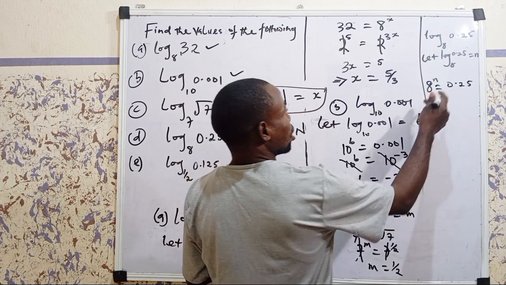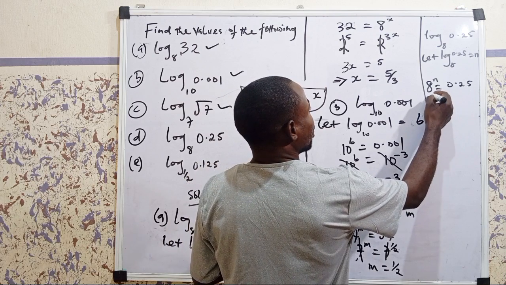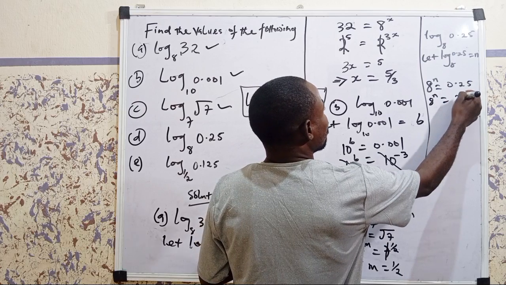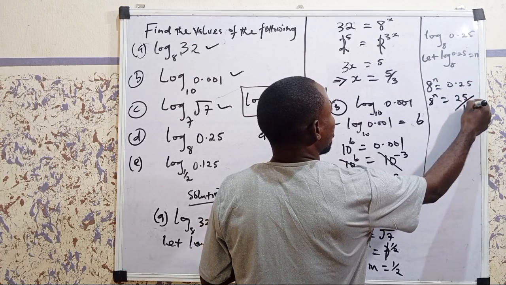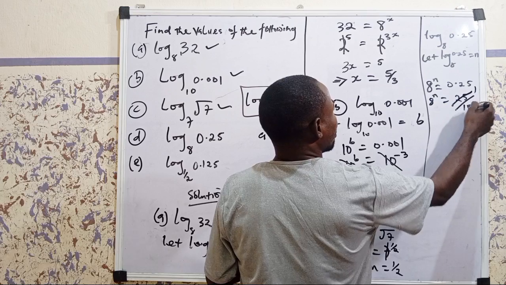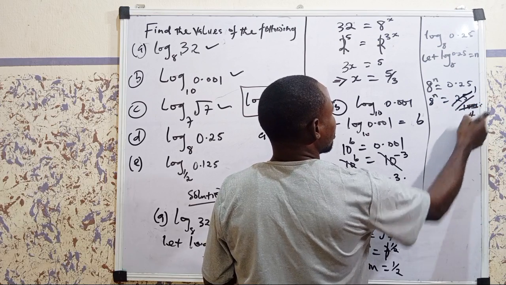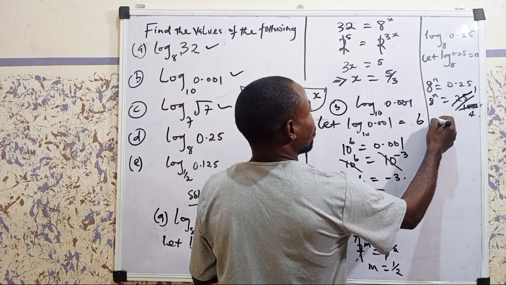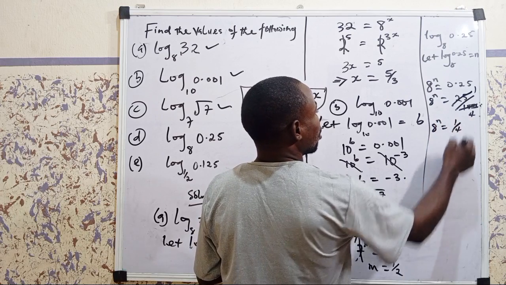If that is the case, we can write this as 25 divided by 100. Then 25 divided by 25 is 1, 100 divided by 25 is 4, and we now have 8 power n is equal to 1 over 4.